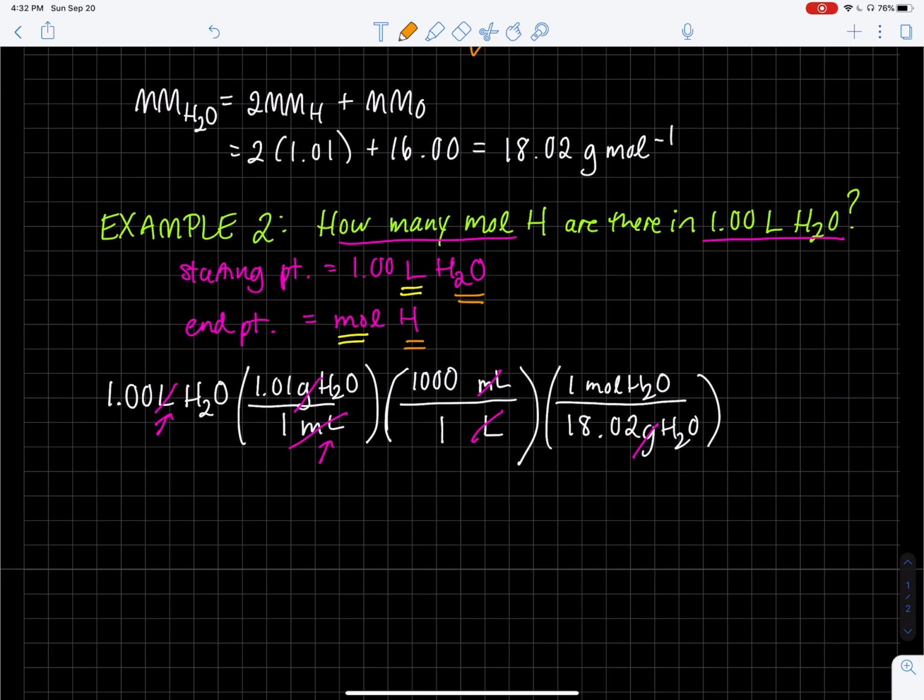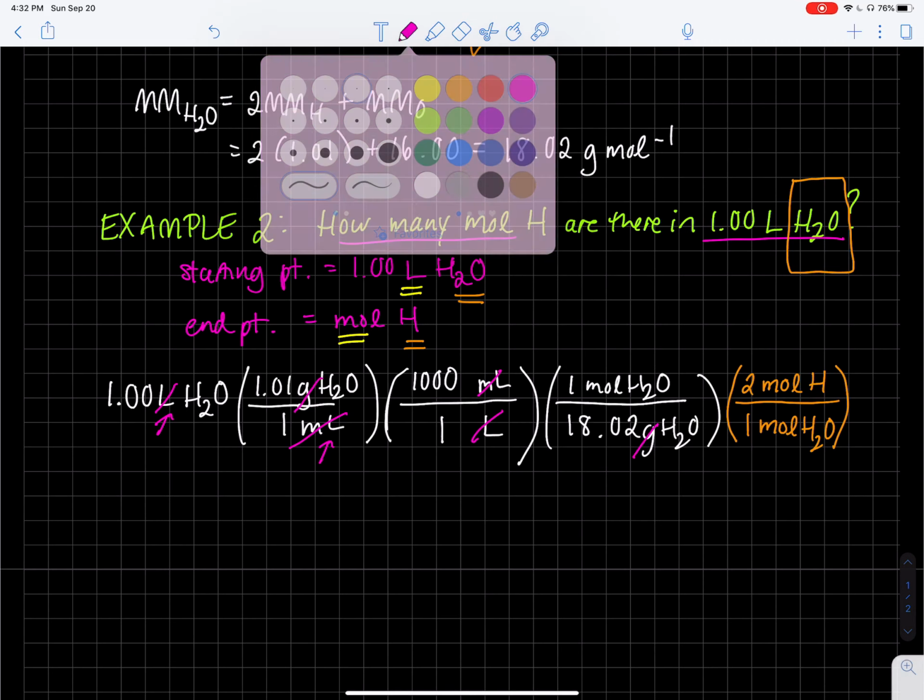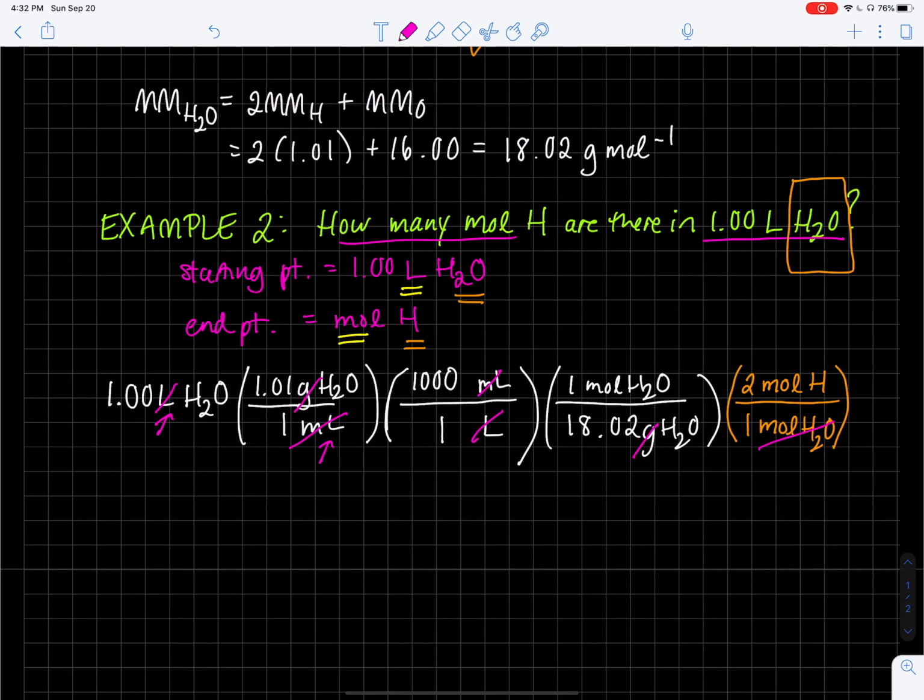Is sneakily a word? Good question. In the chemical formula. So one thing a chemical formula does is give us mole ratios. And the 2 on H tells us there are 2 moles of H for every 1 mole of H2O. So that is the key piece here. And now my moles of H2O cancel out and I'm left with moles of H.